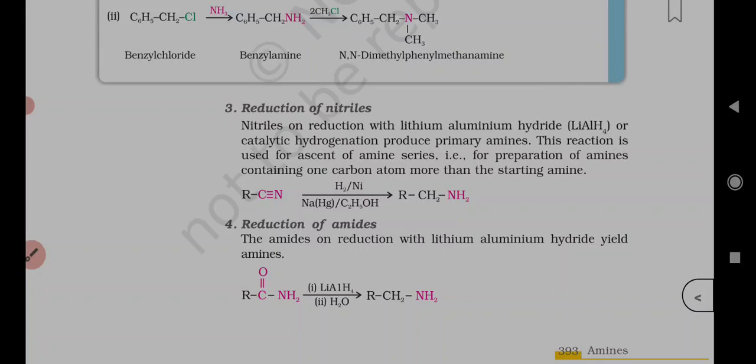It will form primary amines. Gabriel phthalimide also gives primary, and reduction of nitriles also gives primary. Okay, so you are getting primary amines.